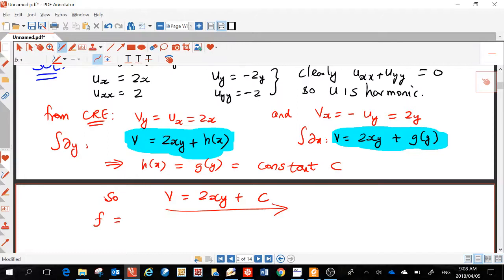So the function f is u plus iv, and u is x squared minus y squared plus i times v, which is 2xy plus c.